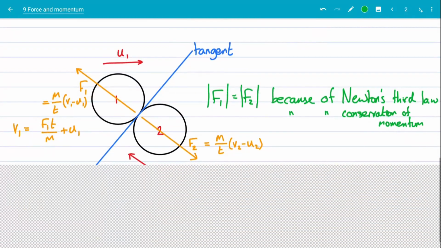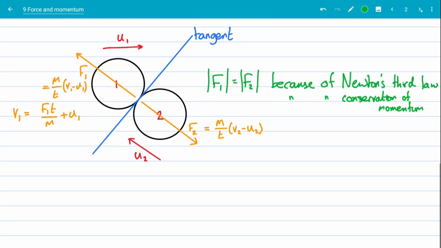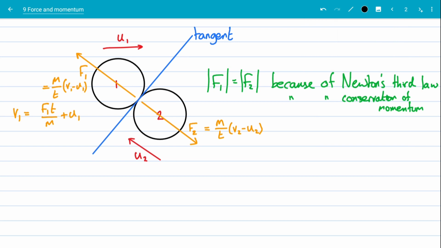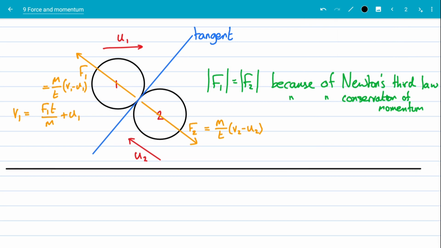Right, that's all I'll say there. What I will say is that if our object is colliding with a surface and rebounds, then there's a bigger change in momentum than if the body collides with the surface and stops. So let's look at those two situations. Collide and rebound versus collide and stop.